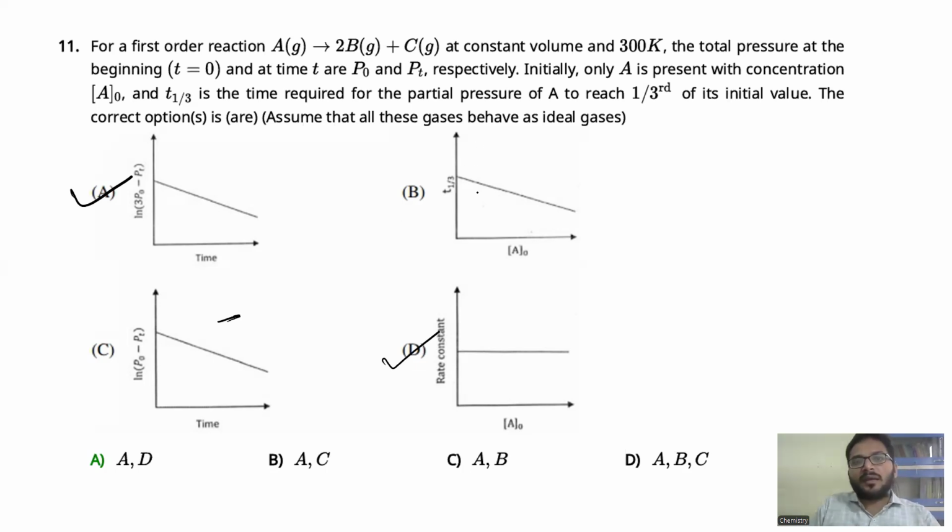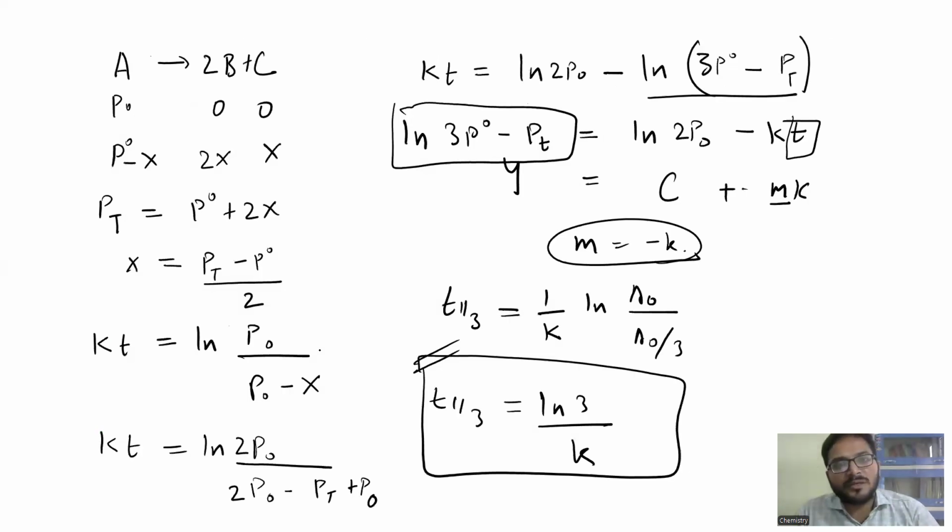In T half also, what will come? The straight line graph will be there, and it will be independent of initial concentration. And a relation of ln (P naught minus Pt) like that we are not having. So that is it. Therefore, option A and D are the correct answers, and this is the explanation.